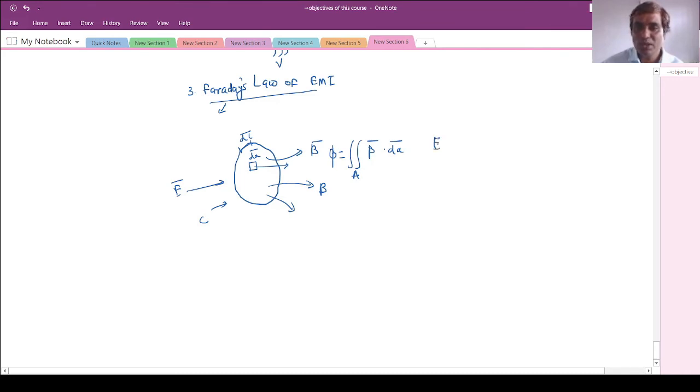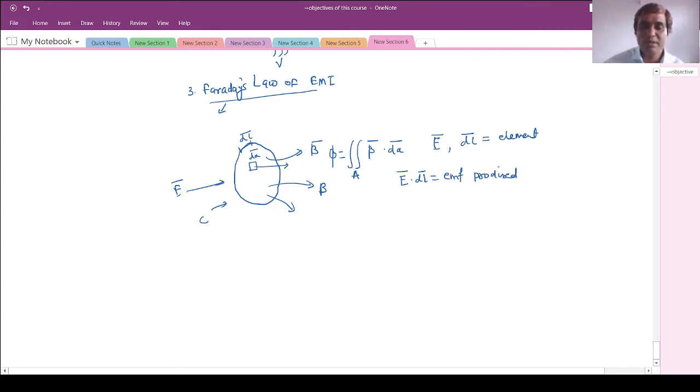So suppose E bar is my electric field and dl bar is my line element. From that I can write the dot product of E bar with dl bar as the EMF produced.